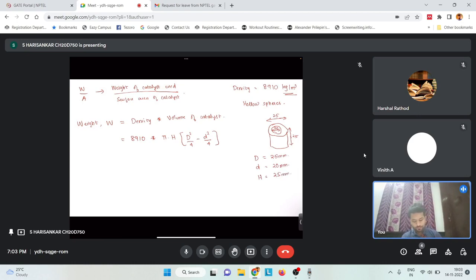So weight of the catalyst W will be 8910 into pi into 25 mm, which is 0.025 meter, by 4 into D square. So 25 mm square, that will be 0.025 square, minus 20 mm square, which will be 0.02 square.